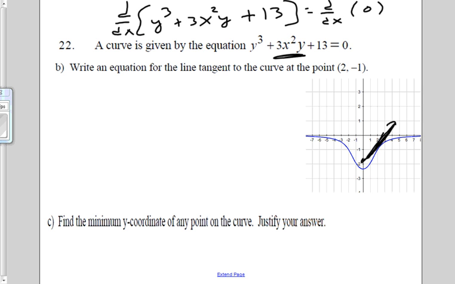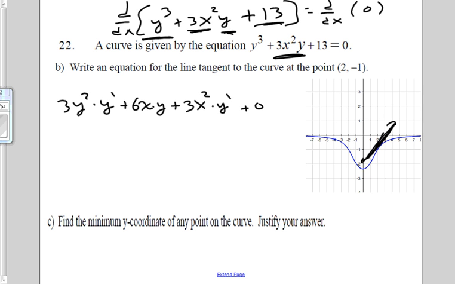So the derivative of y cubed is going to be 3y squared times dy dx plus, now let's take the derivative of that first. So 6x times y plus, and now let's take the derivative of that one. So 3x squared times the derivative of y, which is just y prime, and the derivative of 13, 0 equals 0.